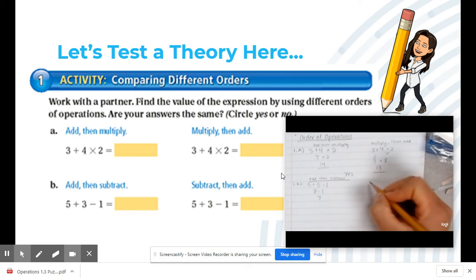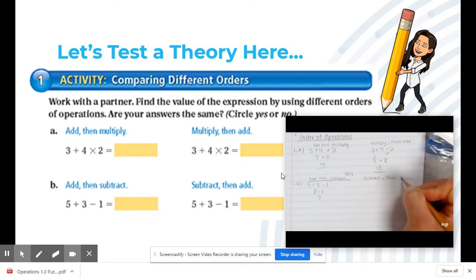Now let's try this order. Subtract, then add. 5 plus 3 minus 1. So I'm going to subtract 3 minus 1 is 2, but then I'm going to add the 5, 7.